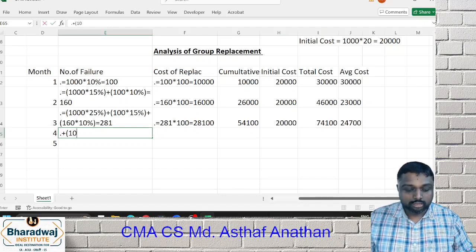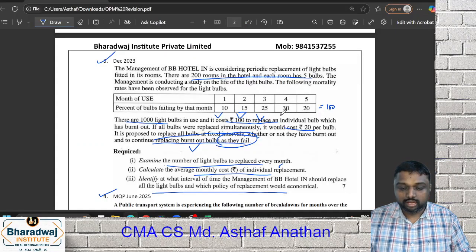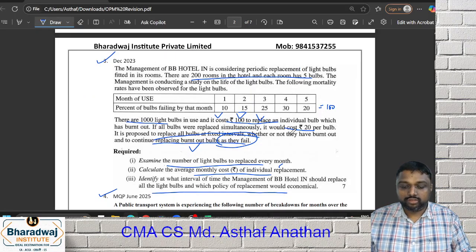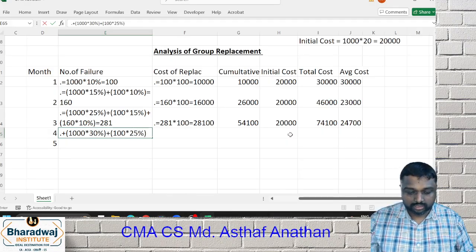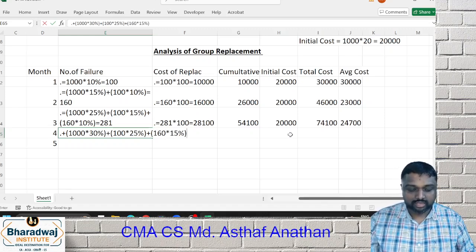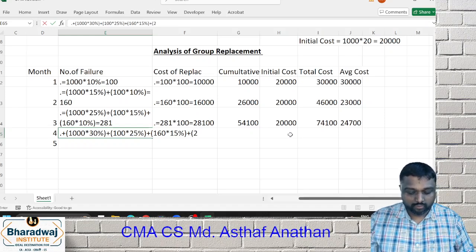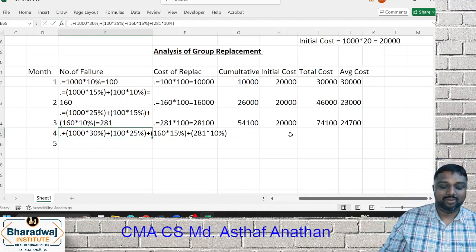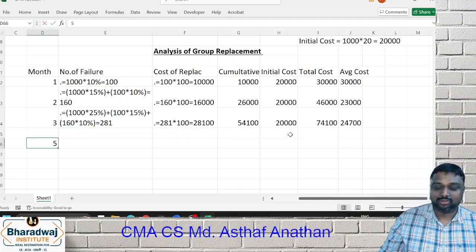Out will come 1000 into fourth week, that is 30 percentage. Then initial 100 into third week, which is 25 percentage. Then 160 is the second week, which will be 15 percentage. Then recently we did 281, which is one week, which is 10 percentage. But this we don't want to do. We have learned the shortcut for the solution only.